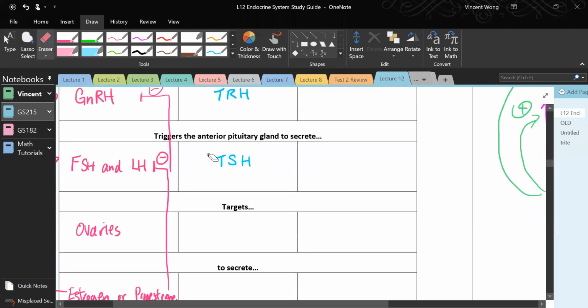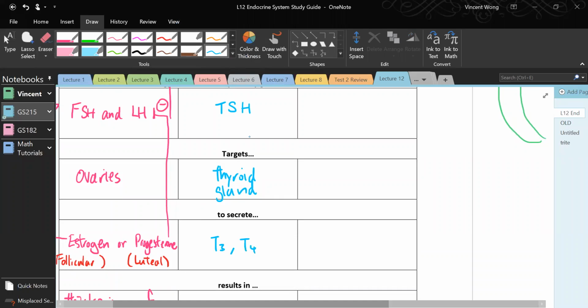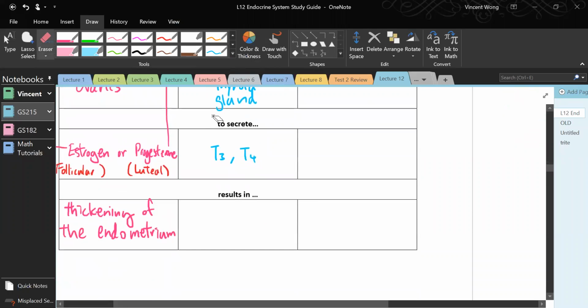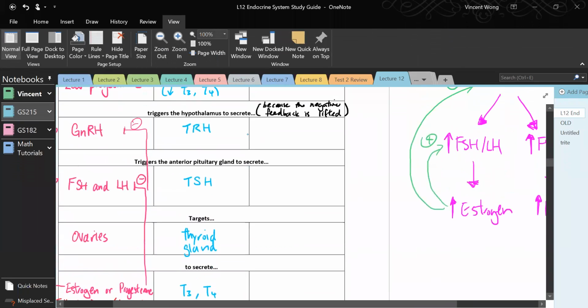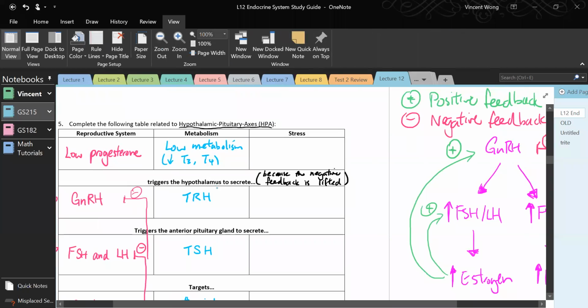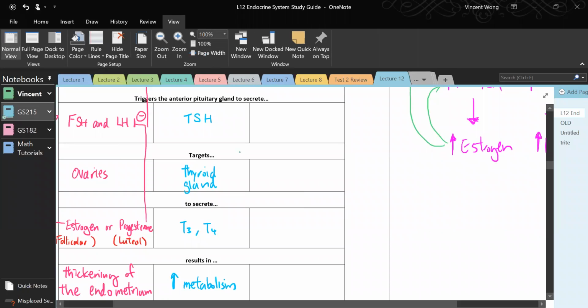And then the TSH targets the thyroid gland, which would secrete T3 and T4. Secretion of T3, T4 will result in an increase in metabolism. Which makes sense because if you go back to the beginning, the trigger was low metabolism, and through all these things, you're going to have increased metabolism.